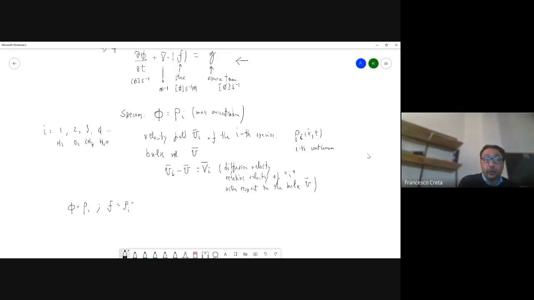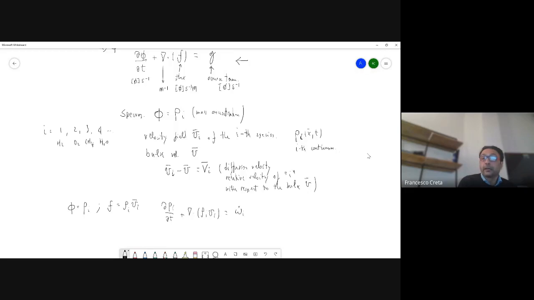But what velocity? Well, v_i, the velocity of the ith component, so that we can write down something like d rho_i by dt plus the divergence of rho_i v_i equals some source term. Now, what would be the source term for species i? Well, we know what the source term is, okay?